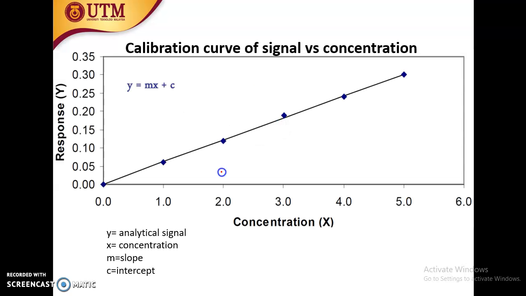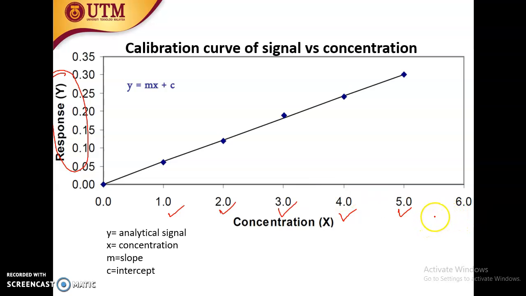Okay, after you have your standard solutions, minimum in chemical analysis you have to have 5 standard solutions. Okay, so you already have 1 ppm, 2 ppm, 3 ppm, 4 ppm, and 5 ppm. What should you do? You go to the instrument and inject one by one and record the signal of this 1 ppm standard solution.